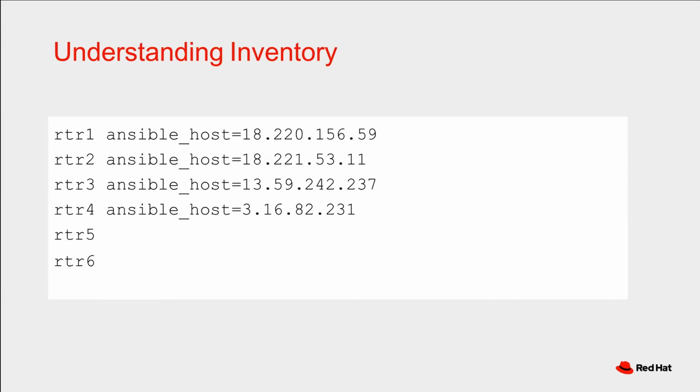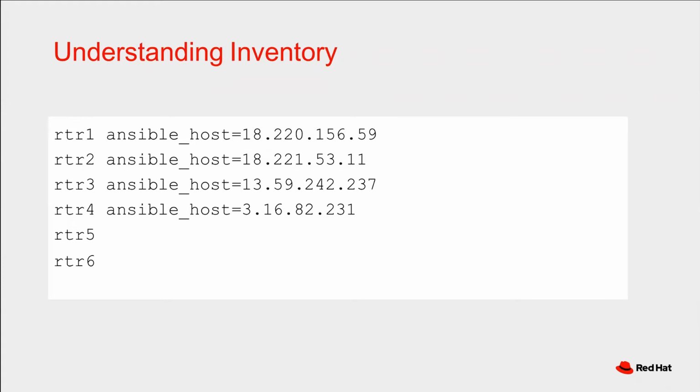What this is telling Ansible is that instead of using whatever rtr1 or 2 or 3 or 4 or 5 or 6 resolves to in DNS, we should use this address for the Ansible host. We'll see in our workshops that this is a way for us to give it an explicit IP address.